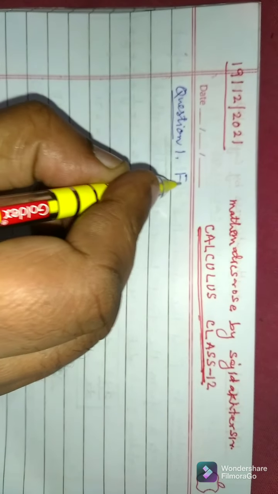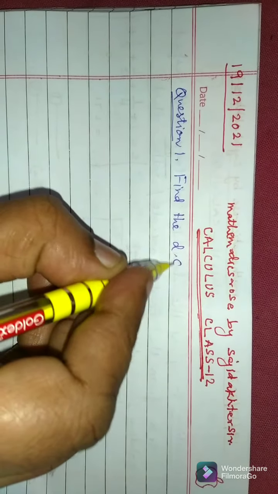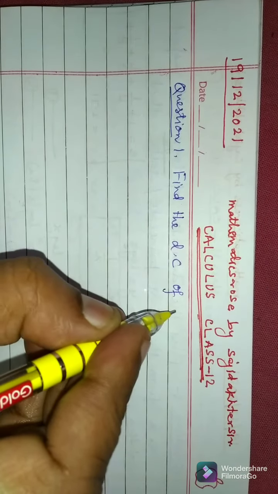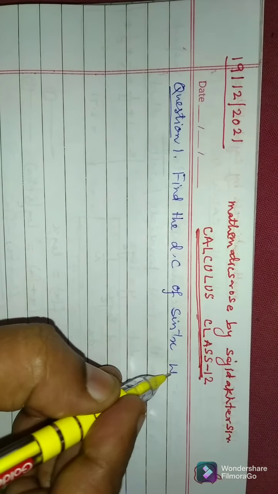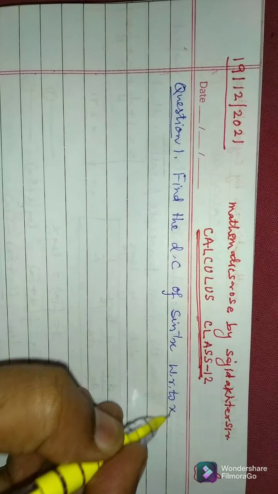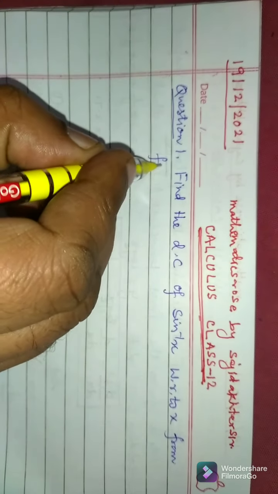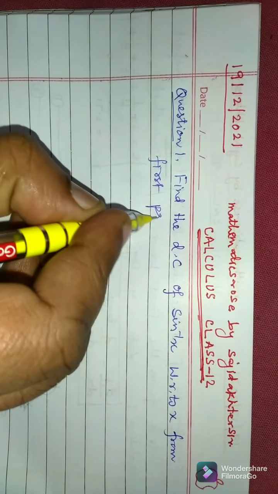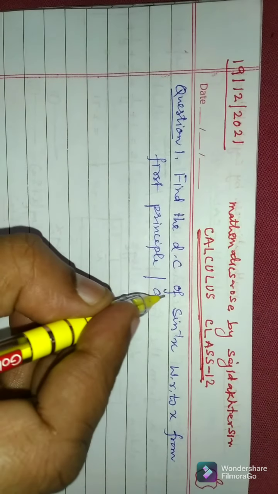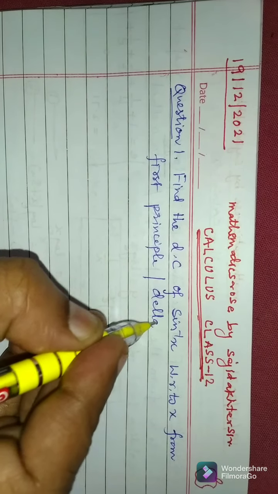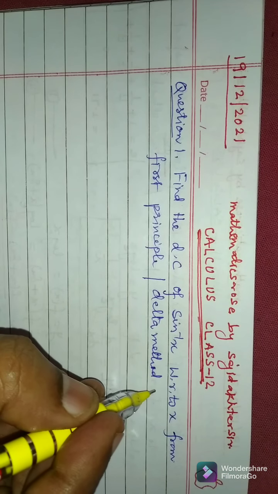First, find the differential coefficient or derivative of sine inverse x with respect to x from first principle, or delta method, or ab initio method.